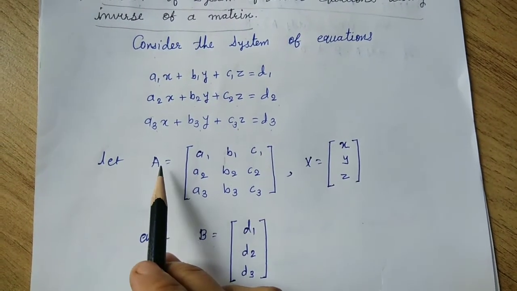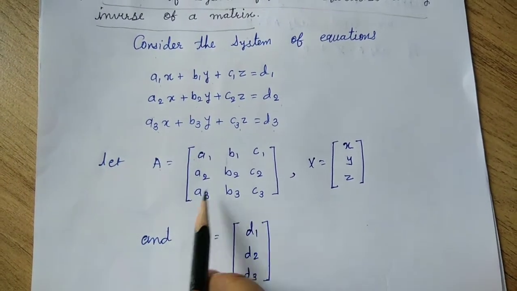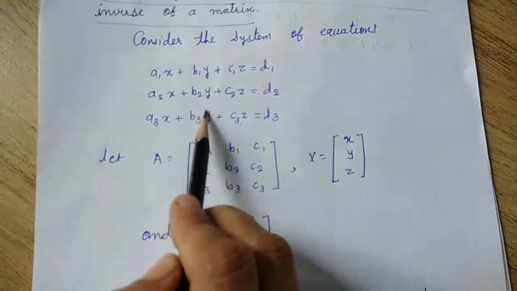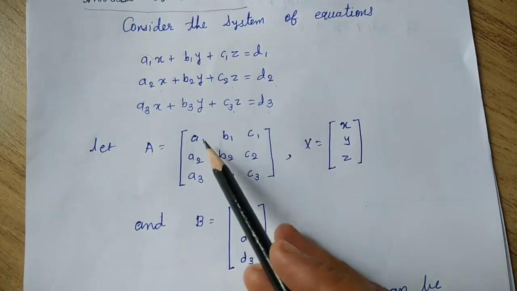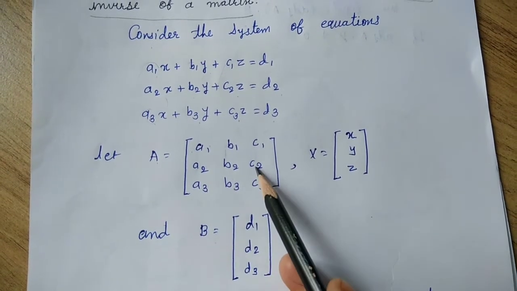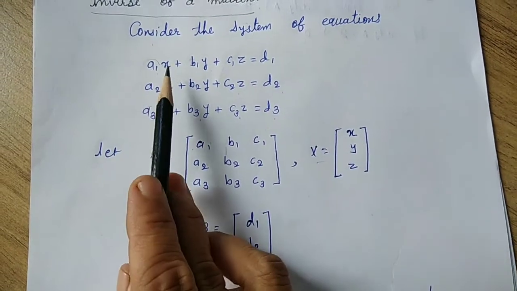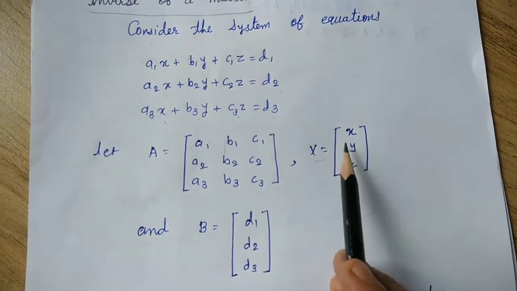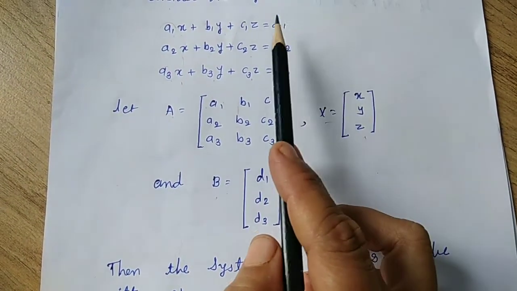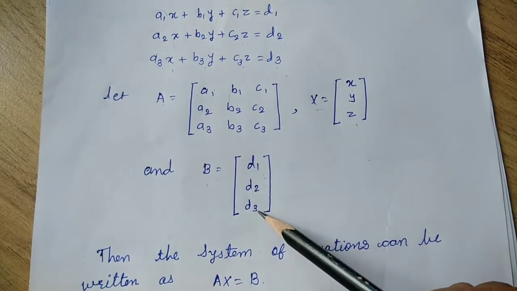Now students, consider the matrix A, which can be obtained by taking the coefficients of x, y and z. So it is a1, a2, a3, b1, b2, b3 and c1, c2, c3. X is the matrix of the unknown variables x, y and z, and B is the matrix of constants d1, d2 and d3.